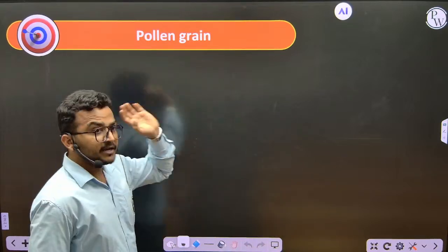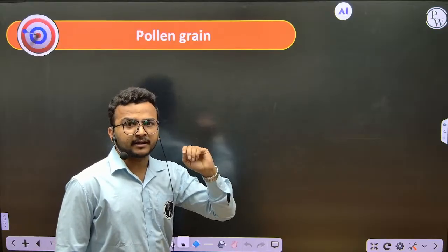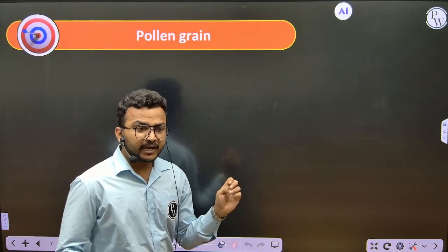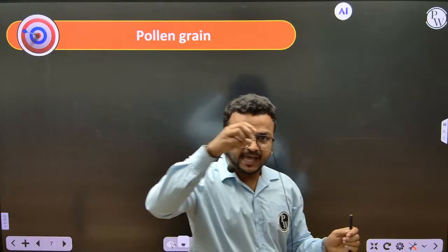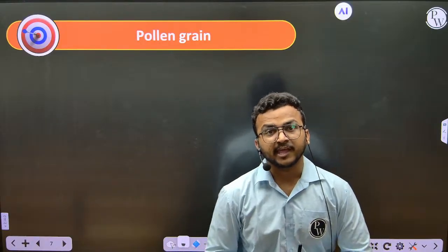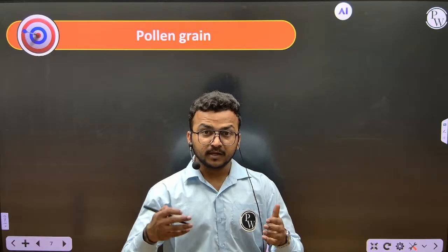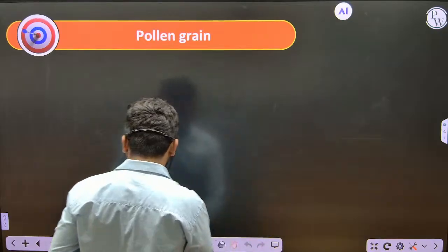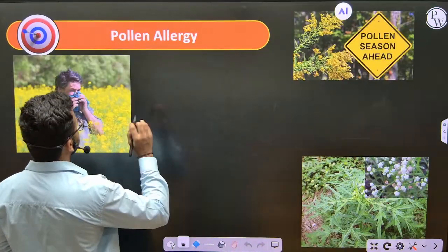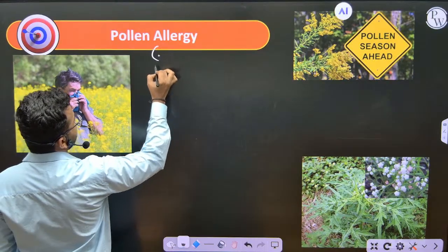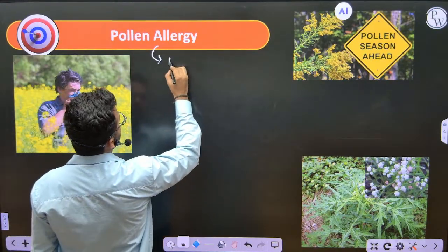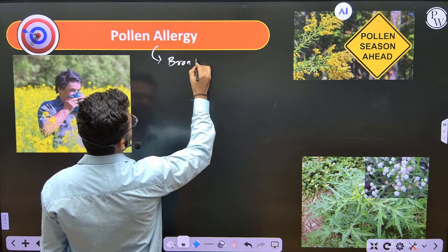At that time they will be releasing the pollen grains in the air. The air will be carrying the pollen grains, which we call airborne pollen grains. When the pollen grains are moving in air, it may affect our body. This pollen grain causes some allergy also, like it creates bronchial afflictions.